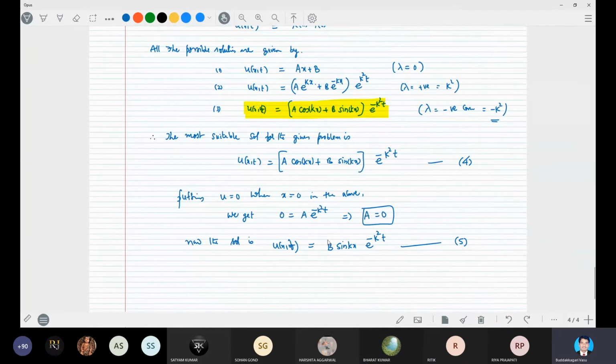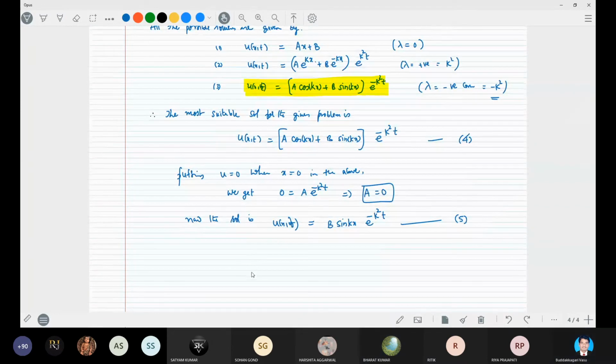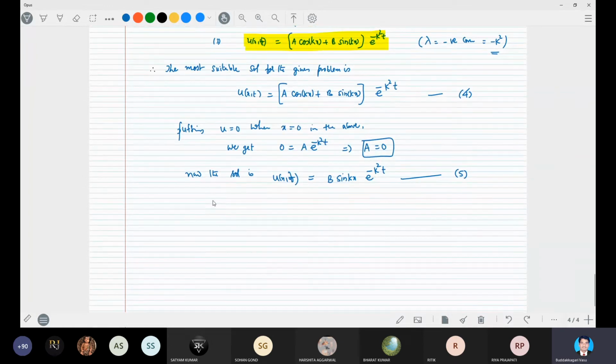Still one arbitrary constant is contained, so therefore that also has to be found. Now putting u is equal to 0, what is the condition we have? x is equal to L, right?